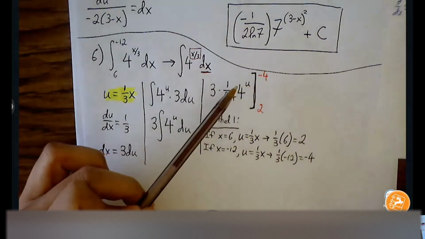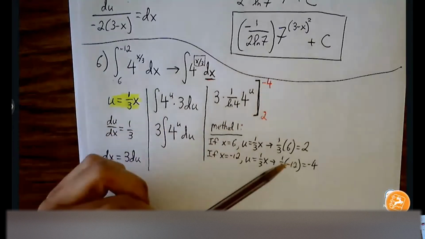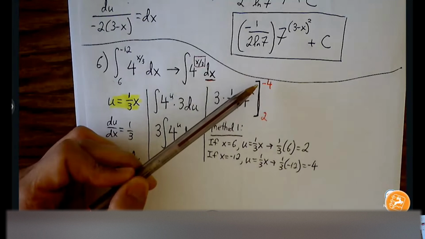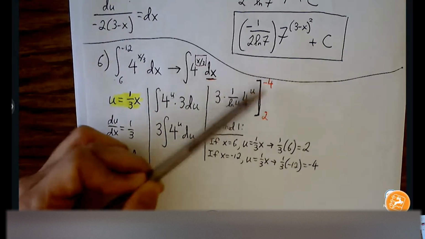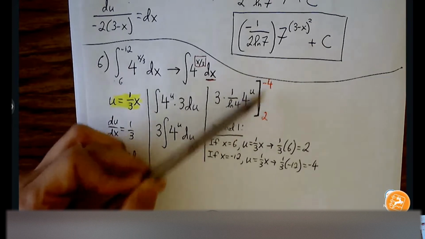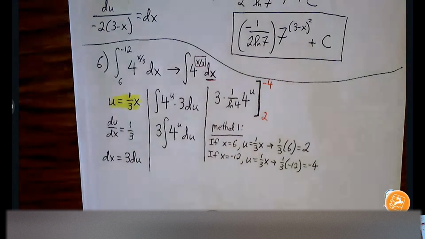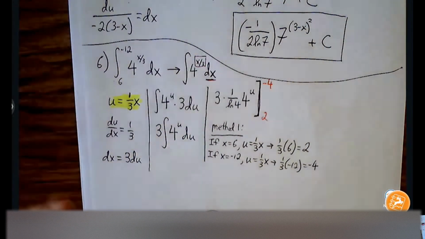We're not restricted, because these are out of order, that we're going to get the wrong answer or we need to adjust it. You can adjust it, but typically I don't worry about adjusting it because it's just an additional step. If you want to flip the bounds, you can, but you have to change the sign. There are times when I do change the bounds, and that is when I'm trying to read the graph.